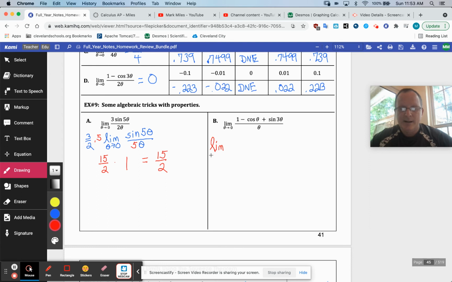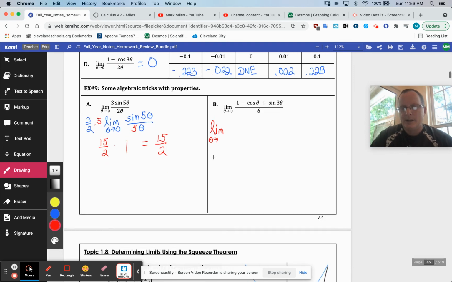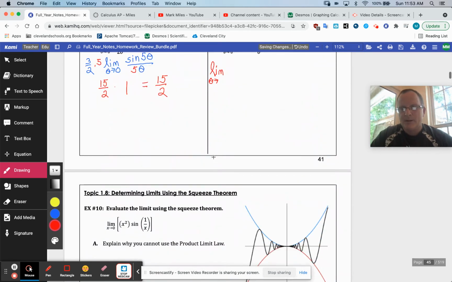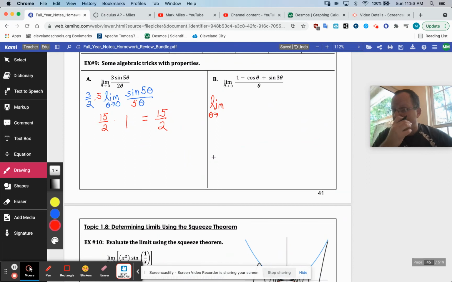I'm going to separate it in a convenient way so that it looks like the common limits that we have up here. So I can see that I've got a 1 minus cosine, I need those to go together, and then the sine by itself.